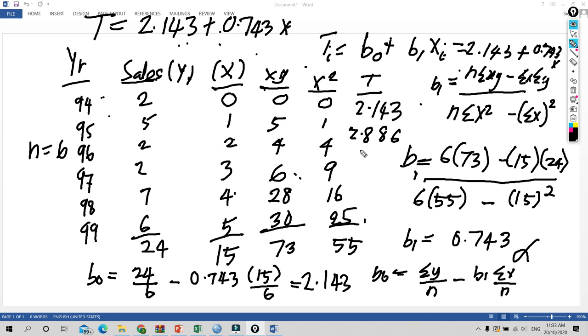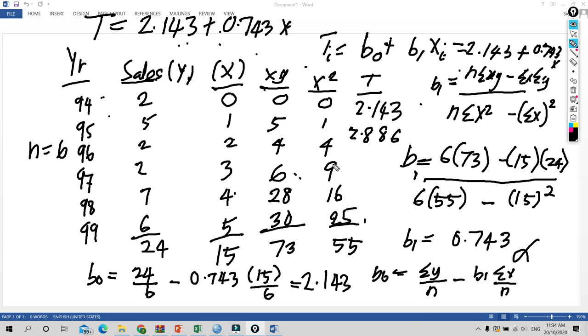So that is the trend line for 95. Now for the trend line for 96, you just plug in 2.143 plus 0.743 multiplied by 3, and so on and so forth. These are how we calculate the trend line by using the regression line.